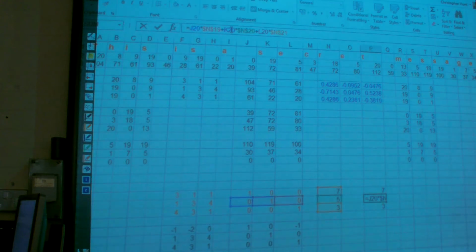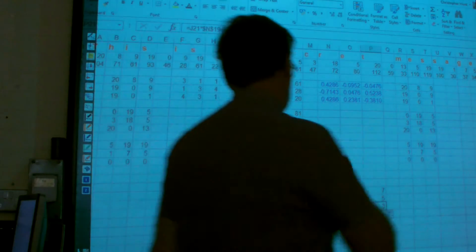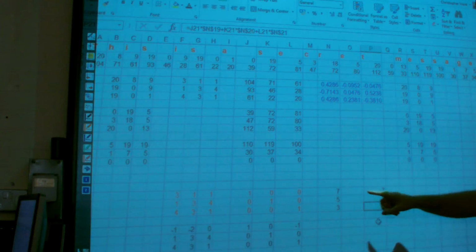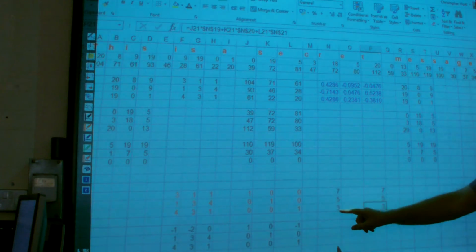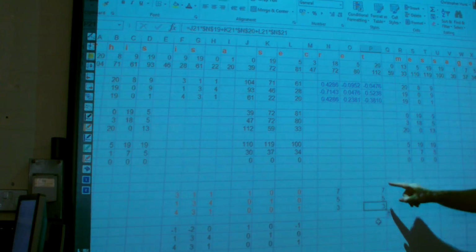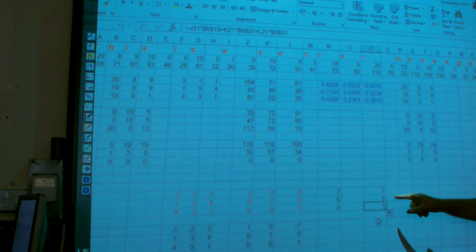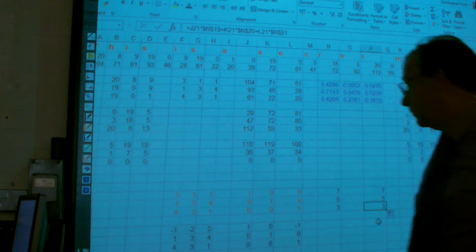Then the next row down and the next row down. So multiplying this matrix by the identity matrix gives you the same matrix, gives you an identical matrix.